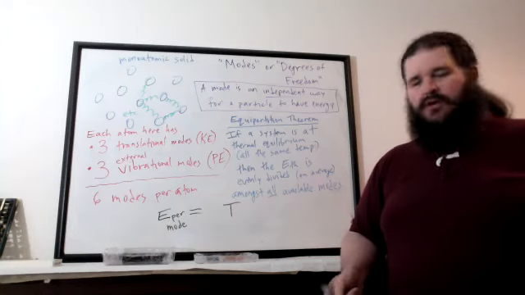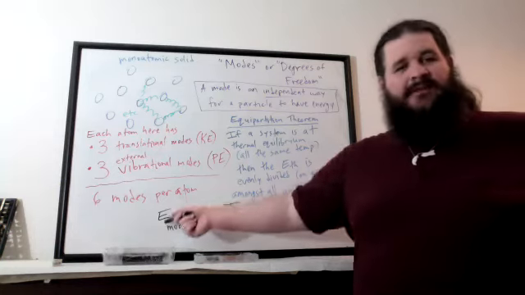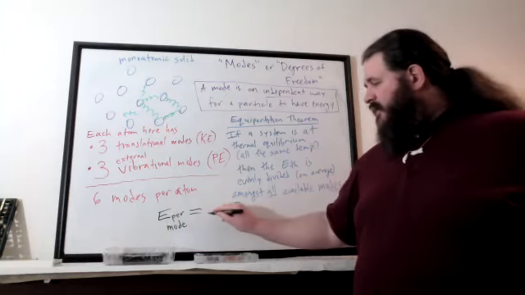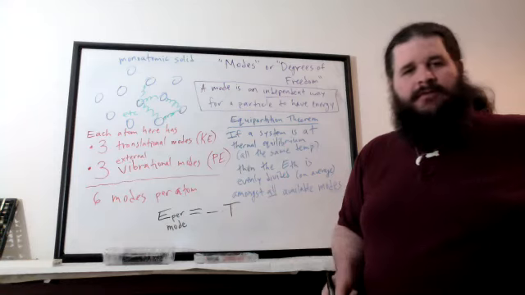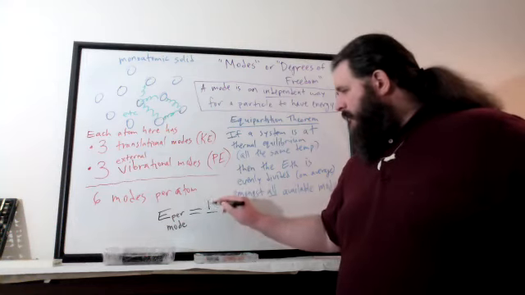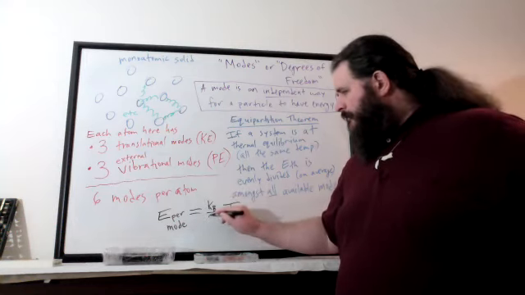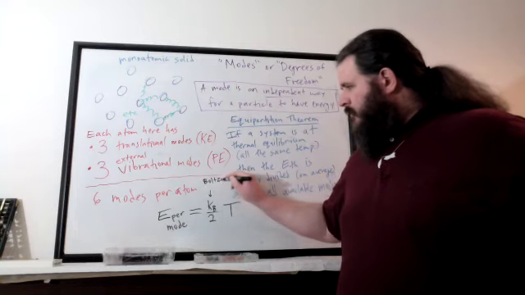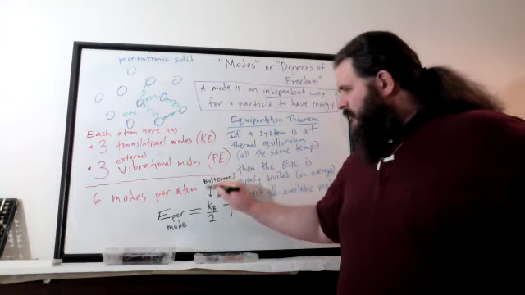And it should be proportional, like 3 times as much temperature means 3 times as much energy per mode. So we should expect energy per mode to just be some constant times the temperature. And it turns out that constant is half of another constant called Boltzmann's constant, k_B.